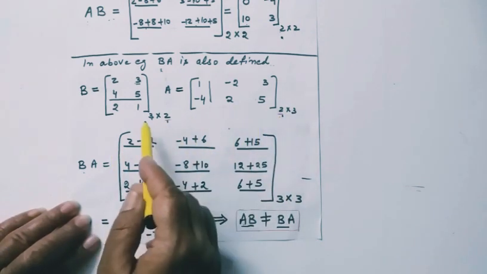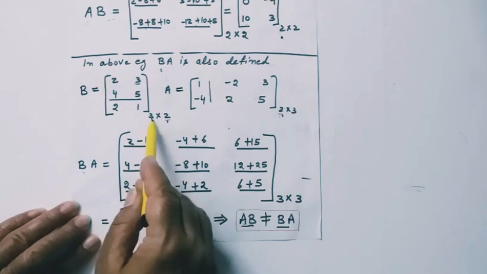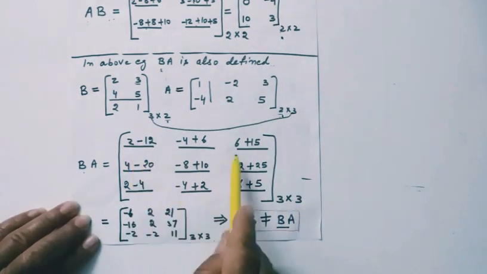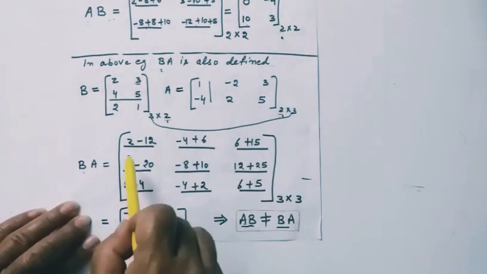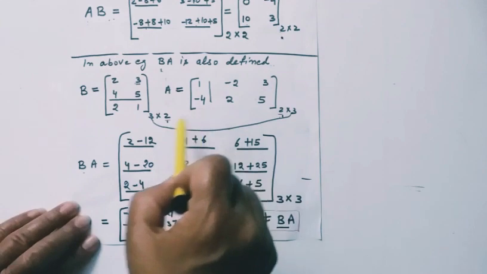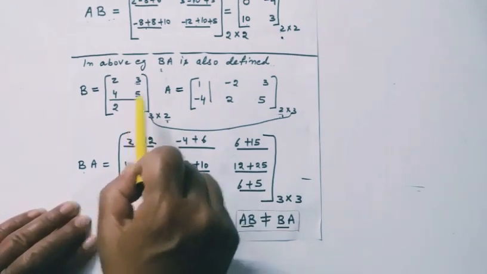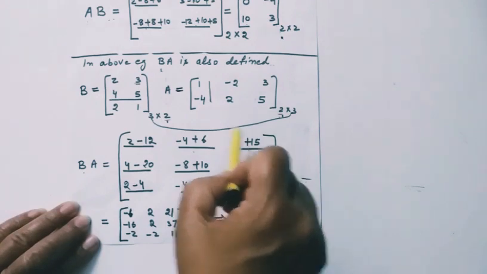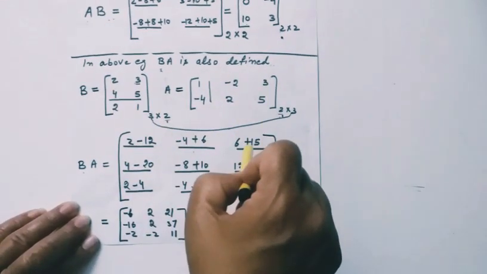So the structure of BA is going to be 3 by 3, and hence I have got 3 rows and 3 columns. To fill this element, multiply the first row of B with the first column of A. To fill this element, first row with second column. For this element, first row with third column.